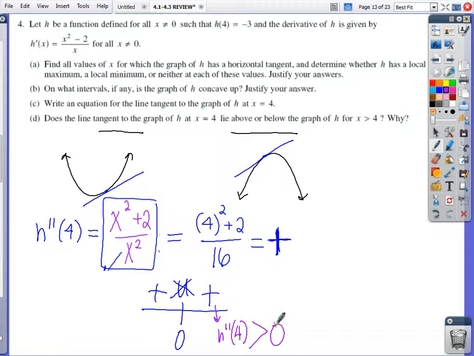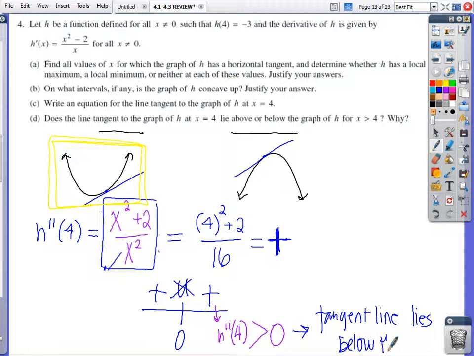Now, since it's positive, I'm going to highlight the left picture because this is the graph where a tangent line is attached to a concave up graph. So now we know that the tangent line lies below the graph.